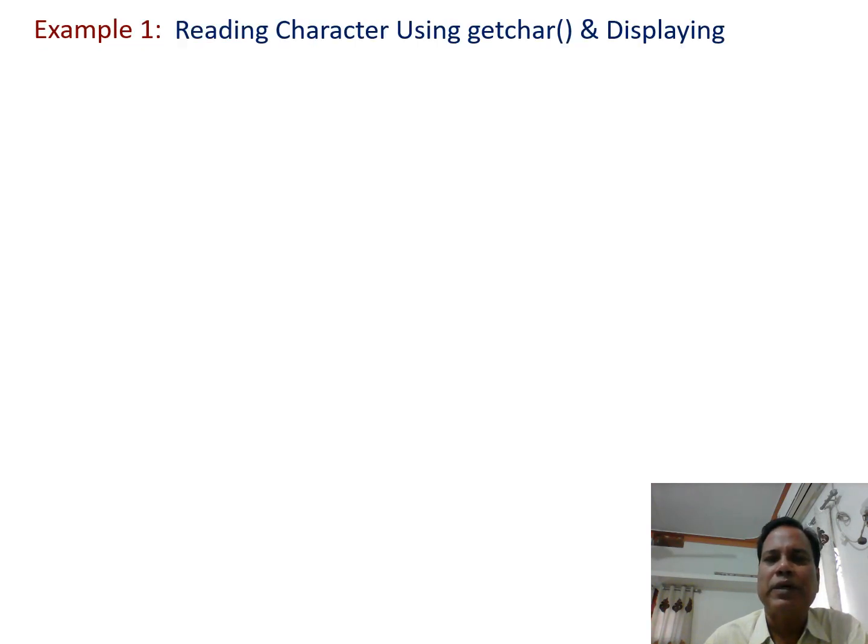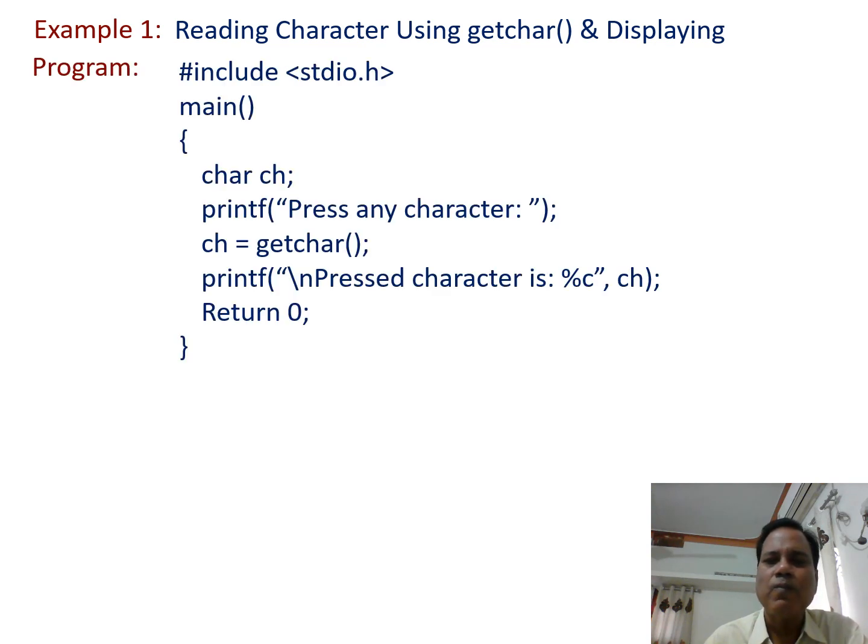Now let us see the example, reading a character using getchar and displaying it. An example program here is like this one. As this function is present in the standard input output .h header file, we are just including this header file, and in this program, the first statement of main is declaring a character variable. Then using the printf statement, we print this message, press any character colon.